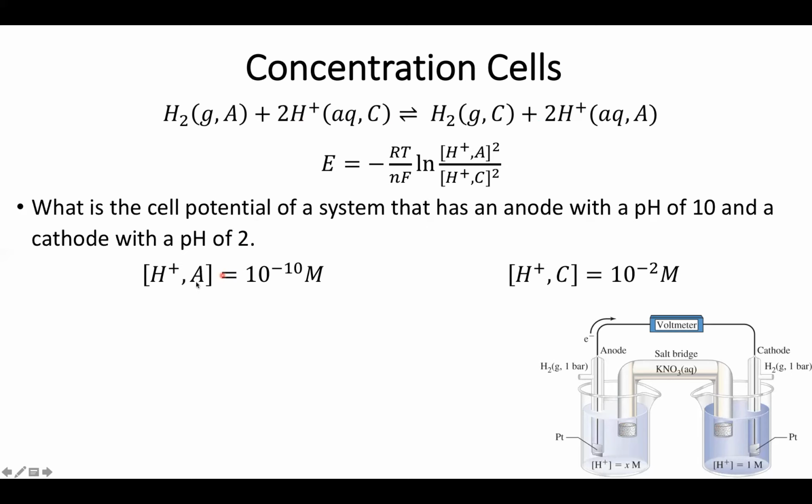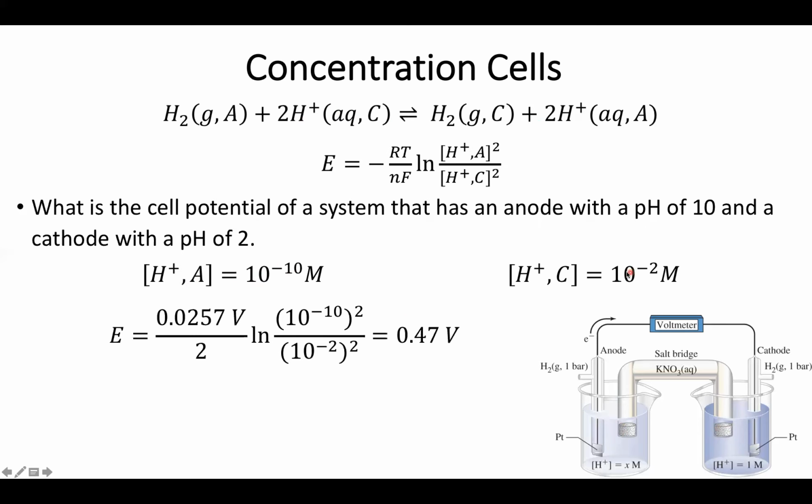So one of the notable things is protons can essentially be given as 10 to the negative pH. So this means in the anode, we have a proton concentration of 10 to the negative 10th, and in the cathode, 10 to the negative 2. Now let's go ahead and plug that into our Nernst equation. Since we're at room temperature, we can go ahead and consolidate our RT over F into 0.0257.